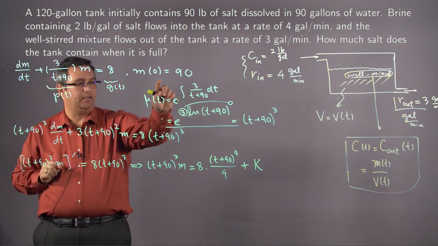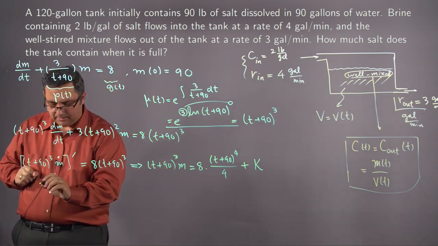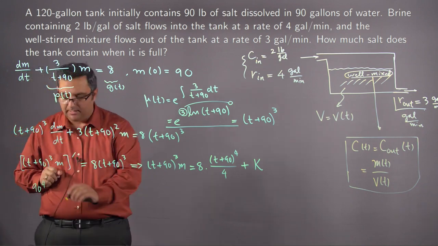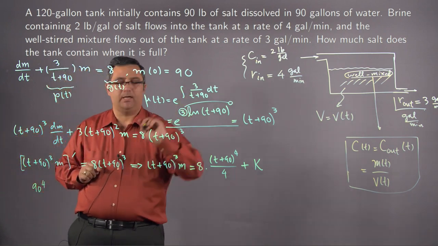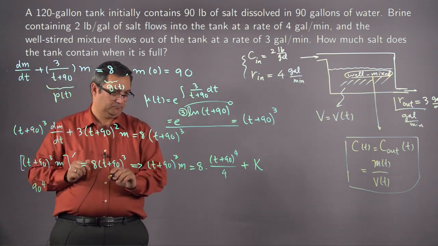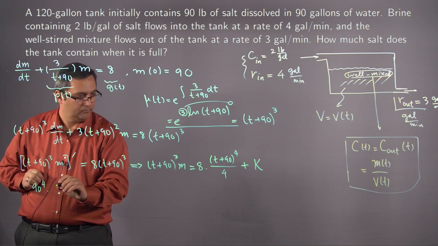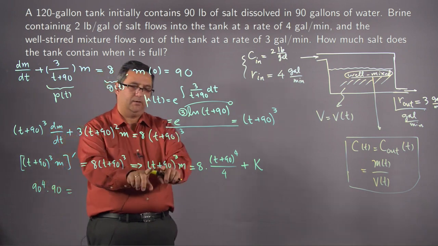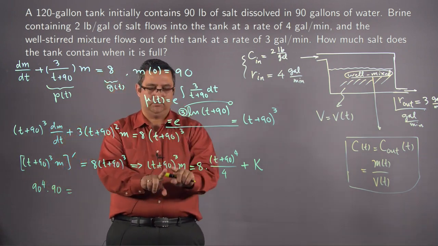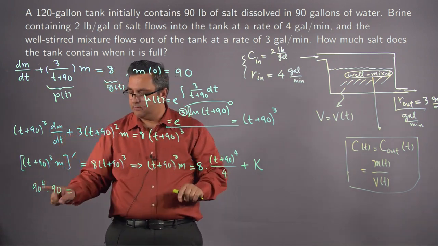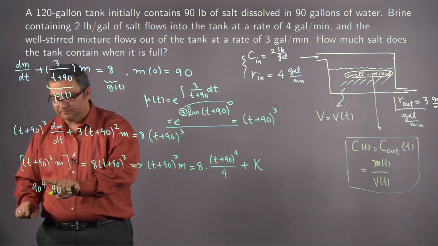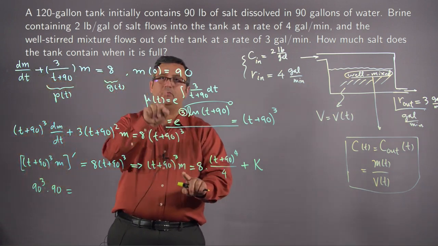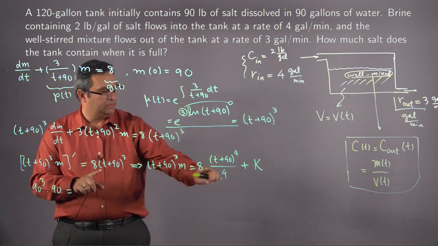If I plug in t equals 0, the initial time, I get 90 to the 4 times m at 0, which is 90, so once again here t is 0, so this gives me 90 cubed, multiplied by m, which is 90, equals the right-hand side.